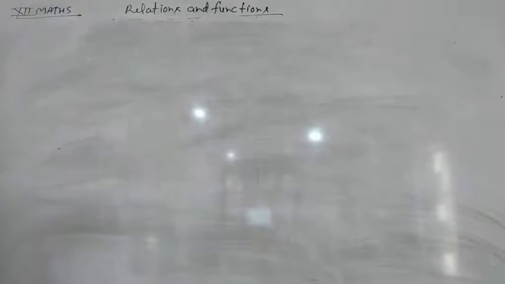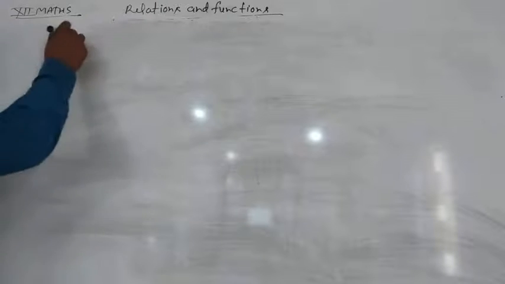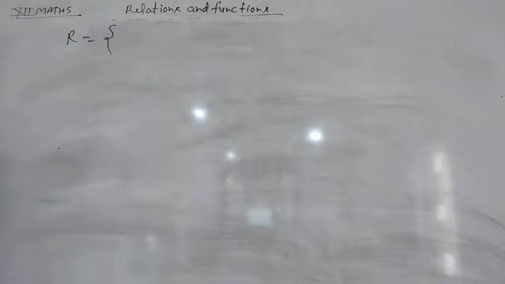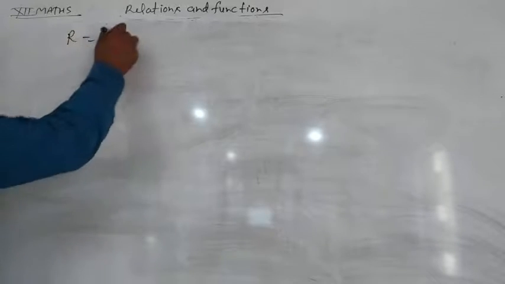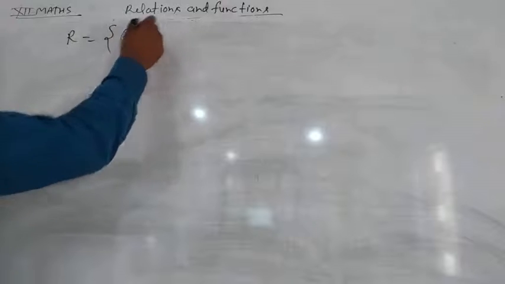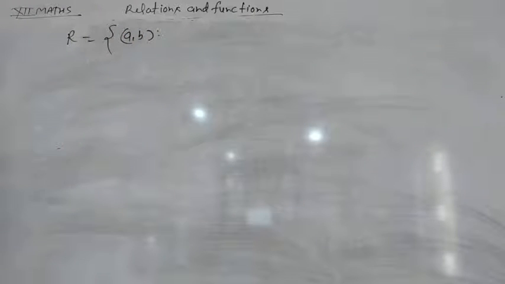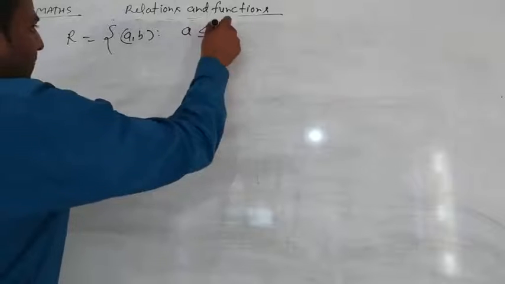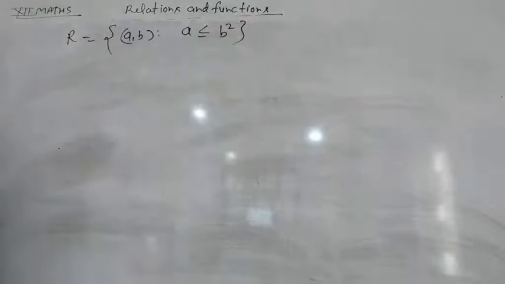Now the question is, student, to show that the relation R on the set of real numbers defined by R = {(a, b) such that a is less than or equal to b squared} is neither reflexive nor symmetric nor transitive.